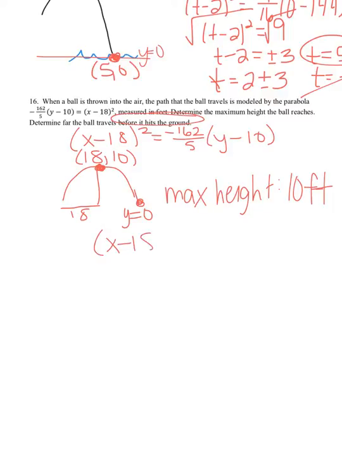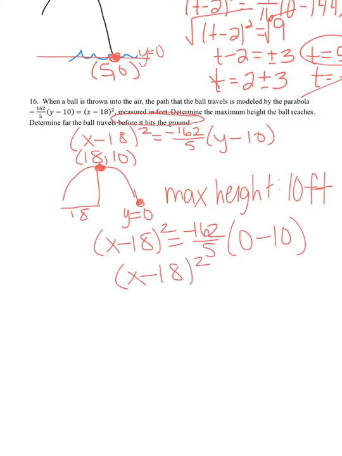So again, I'm going to do this: x minus 18 squared equals negative 162 over 5 times 0 minus 10. So this is x minus 18 squared equals, when I plug in negative 162 over 5 times negative 10, that gives me 324.